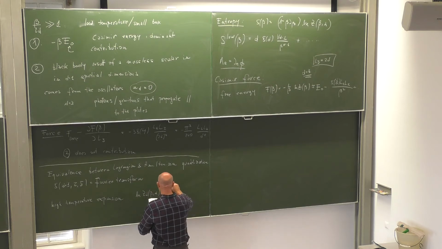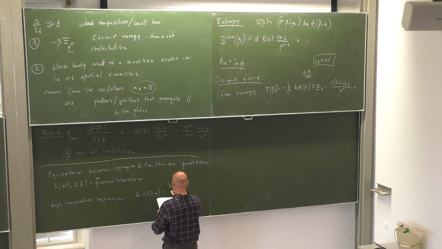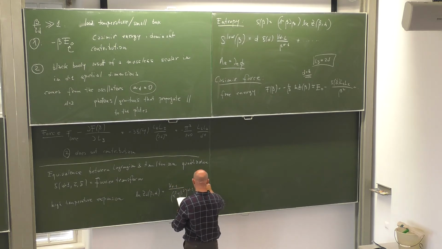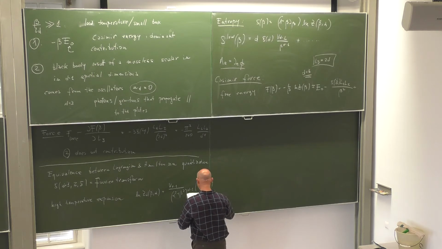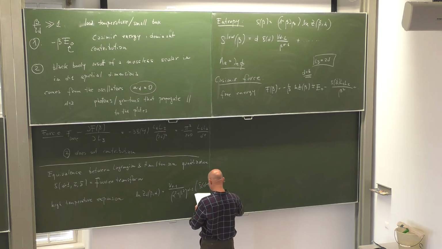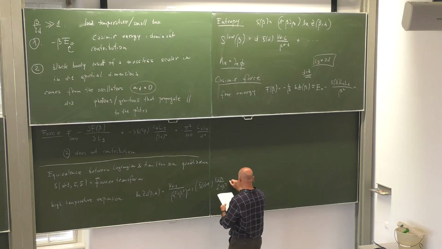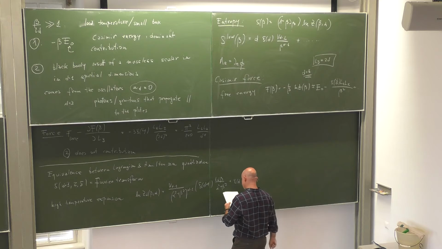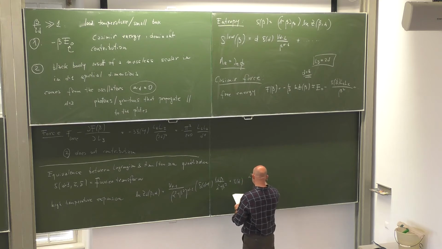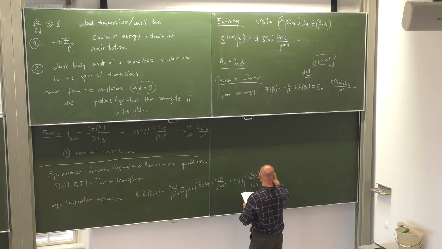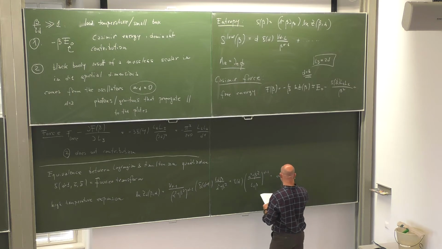So you find that the high temperature expansion, if you work it out, is going to be V_{d-1} over (alpha squared plus beta squared) to some power, d minus 1. Then you get psi_{d+1}, L_D beta over alpha squared plus beta squared, because you do it with the alpha present, plus psi_d, alpha squared plus beta squared over L_D beta to the power d minus 1, plus exponentially suppressed terms.